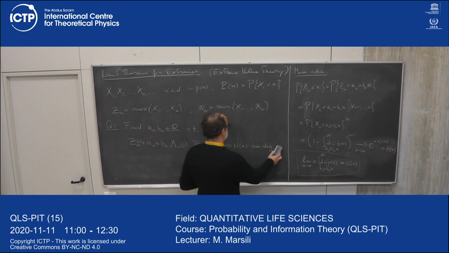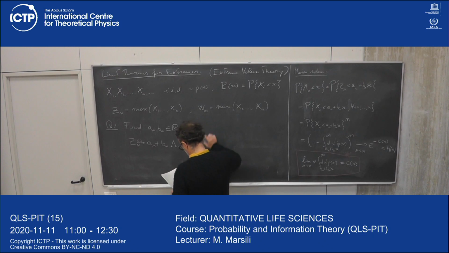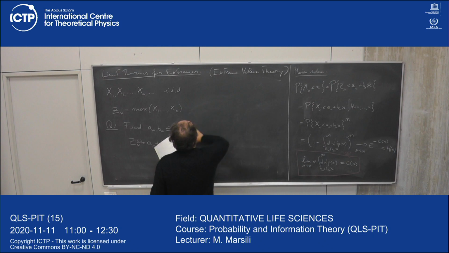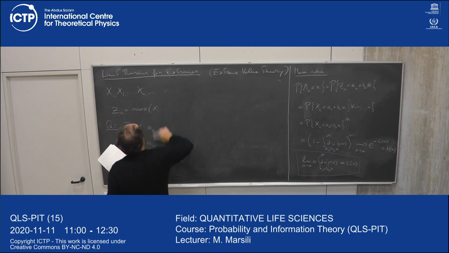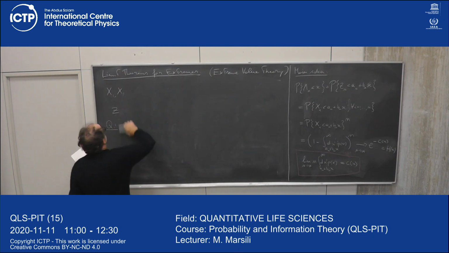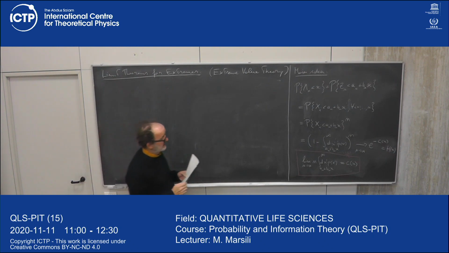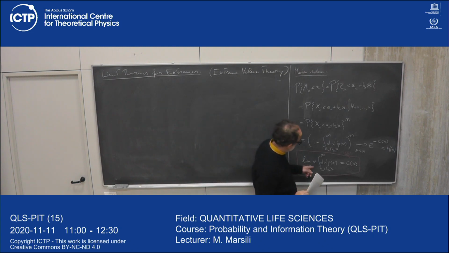So now, if we want to discuss how this idea works, then we have to specialize to particular cases. So you see that because I want this probability here to be of order 1 over n, I have to concentrate on the tail of the probability distribution.